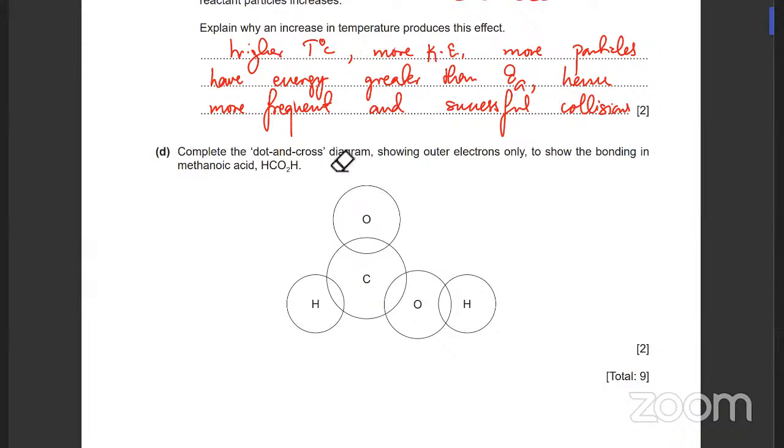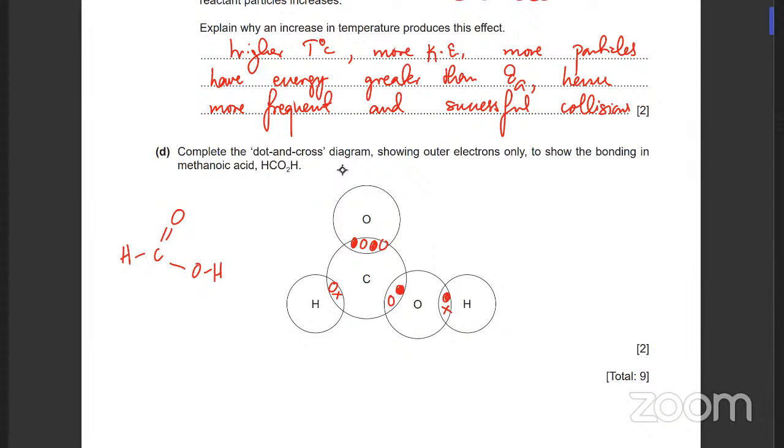The dot-and-cross diagram showing the bonding in methanoic acid, which is HCOOH. So it's basically a single bond over here, a double bond over here. So we'll make this oxygen with a shaded dot, and a single bond over here, oxygen again with a shaded bond, and we've got a single bond over here as well.